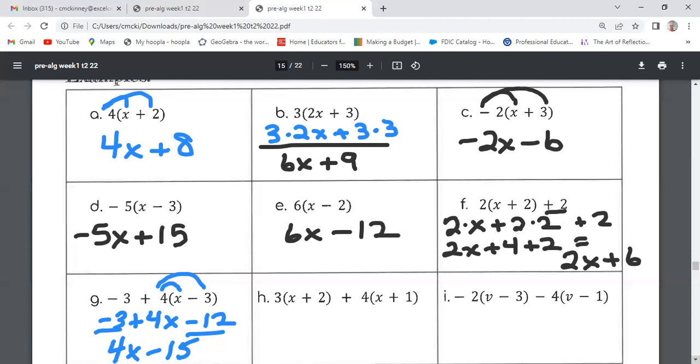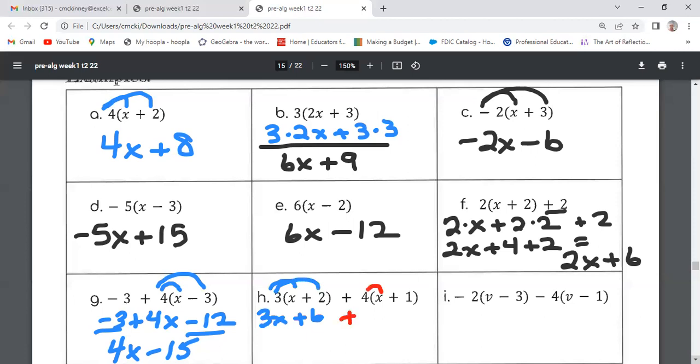Okay, in H and I, we will use distributive property twice and then combine like terms. So first, 3 gets to multiply times x, so 3x. We're going to distribute the 3, and 3 times 2 is plus 6. Then we're going to distribute the 4 times this x.